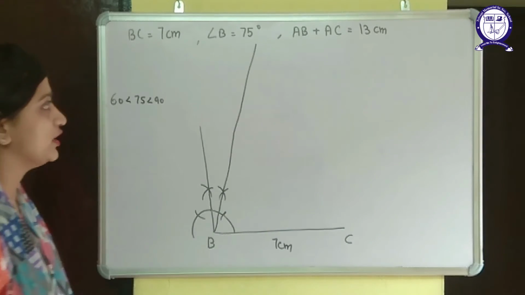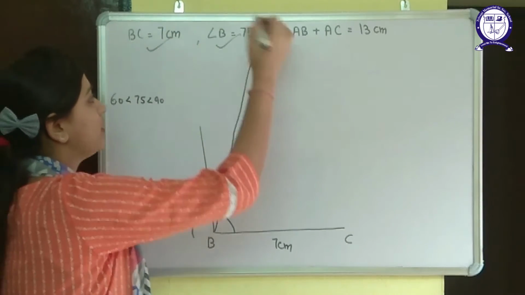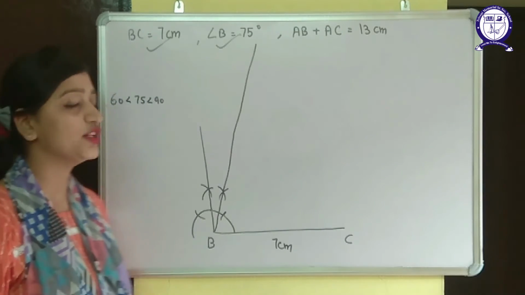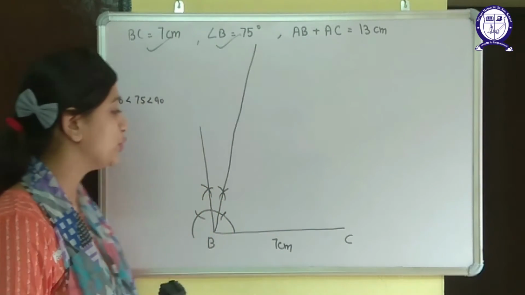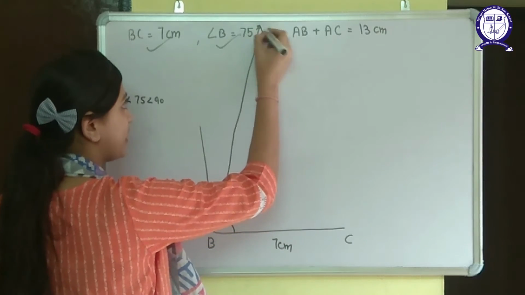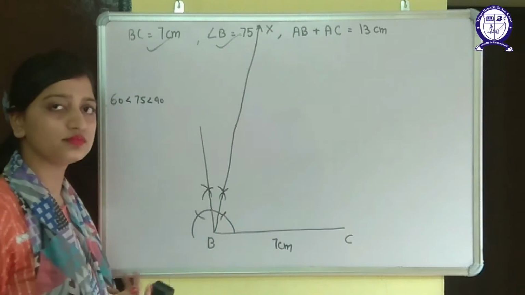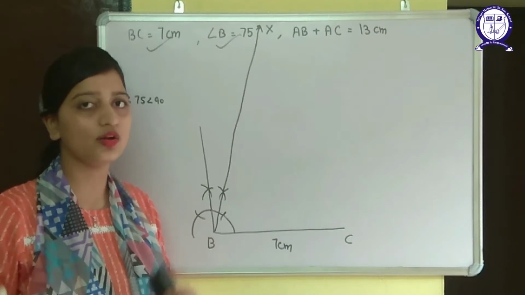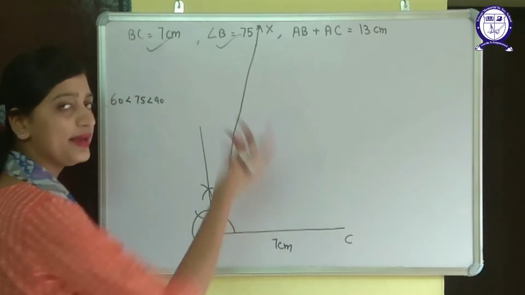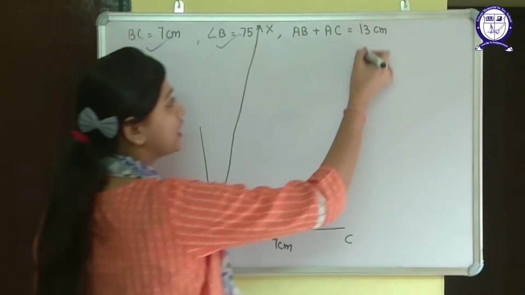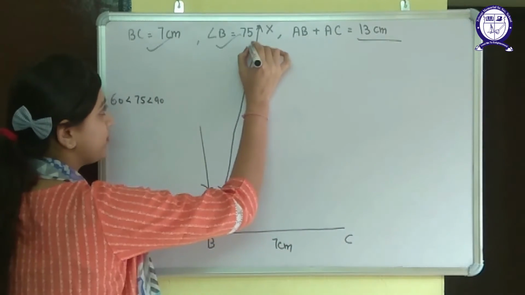Now coming to the third thing. These two things I have drawn. Now coming to the third thing, AB plus AC equals 13 centimeter. What I am going to do is extend this line till, suppose, X. We can name it anything. Don't name it A or C or B. So it can be X and now I will make an arc of 13 centimeter here.